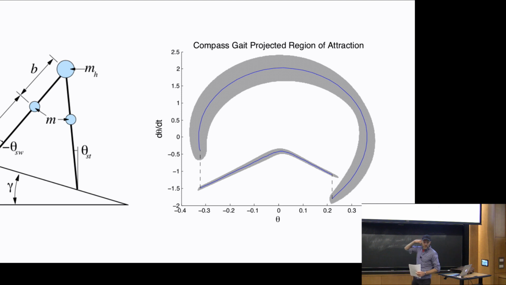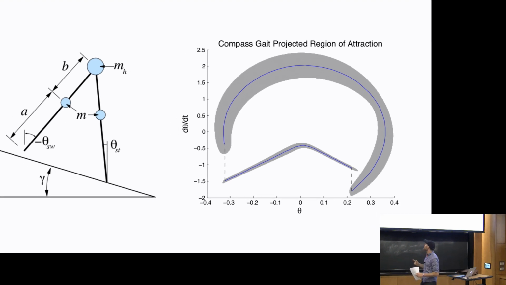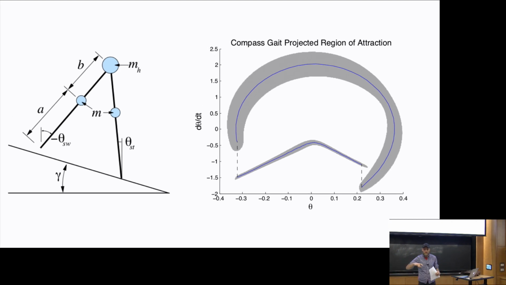We can compute the regions of attraction to the stabilizing periodic solution of the compass gait. It looks like this gray region here, okay? That's the projection from a higher dimensional space. That's the funnel of the compass gait, the nominal compass gait, with a torque controller at the hip, okay?